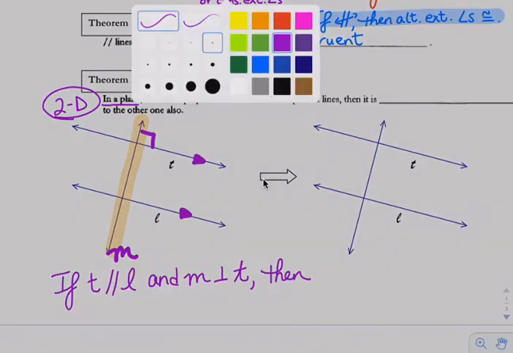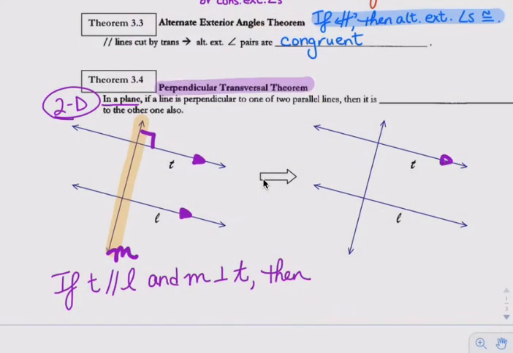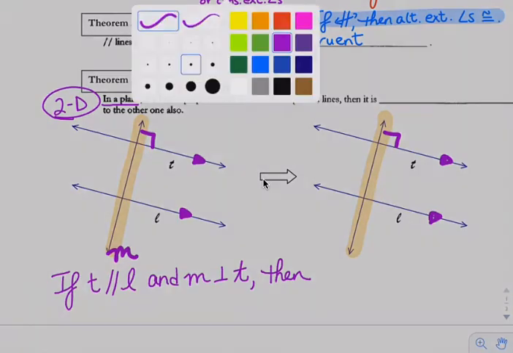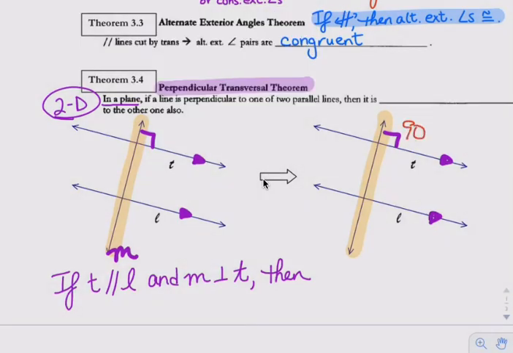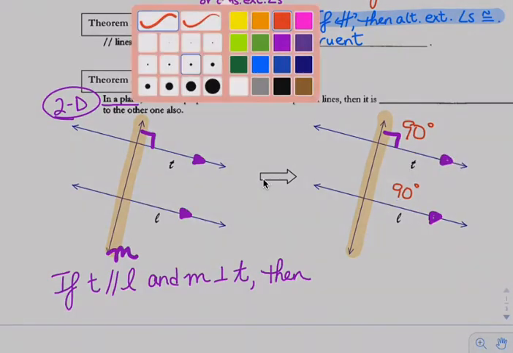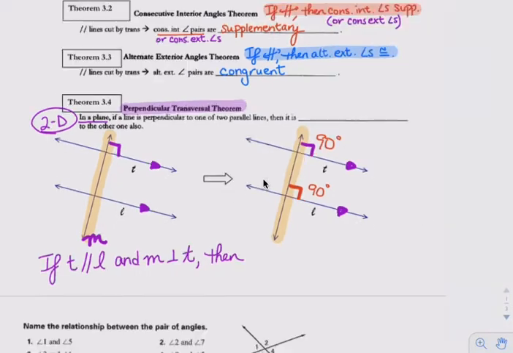Well, we would still have T parallel to L, and we still have our transversal here, and it's still perpendicular to line T. But what makes sense for the conclusion? If you have parallel lines and that's a 90-degree angle, what should be happening down here? If the lines are parallel, the corresponding angle should be congruent, so that one should also be 90. So your conclusion is that it'll be perpendicular to the other one also.